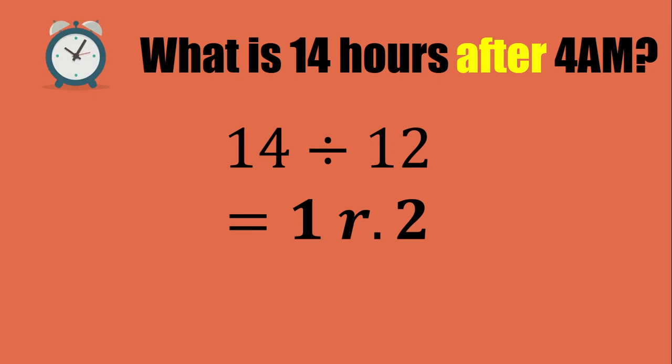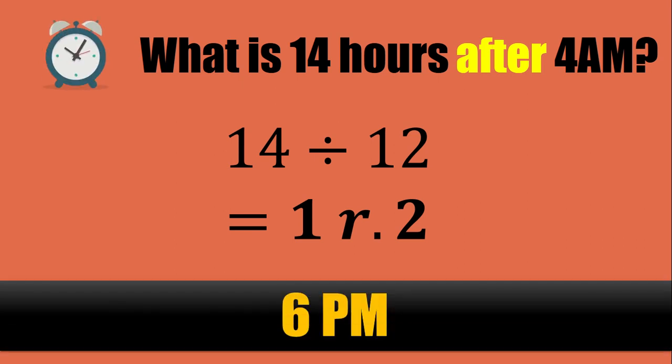So 4 p.m. plus 2 hours, the answer here is 6 p.m. Remember, we're going to use 12 as our divisor, and you also need to recall the concept of division in identifying the quotient and the remainder.